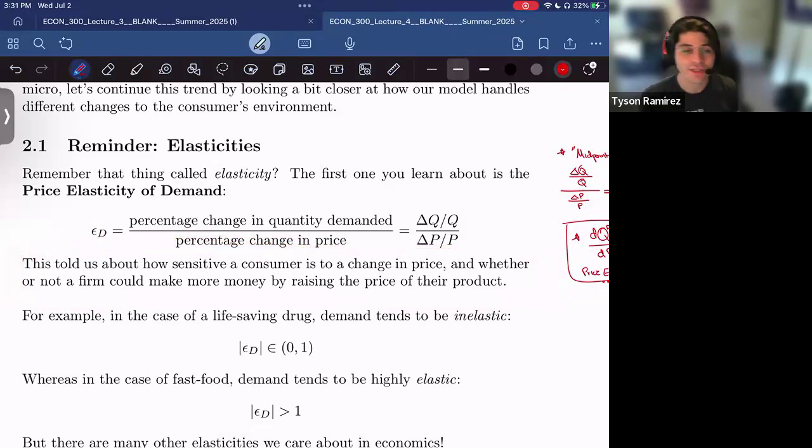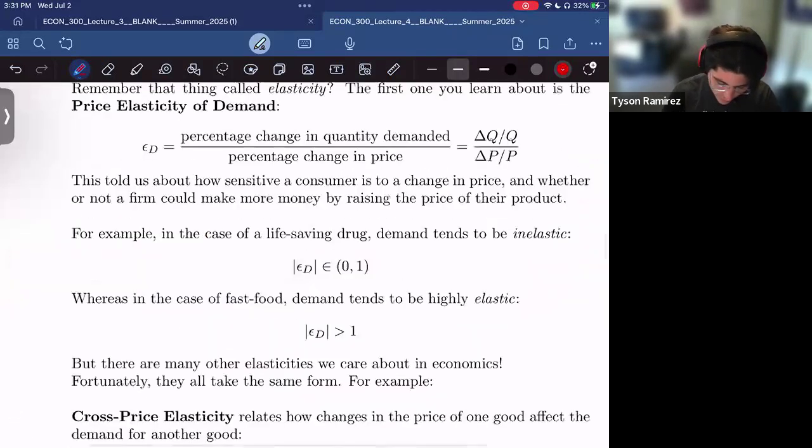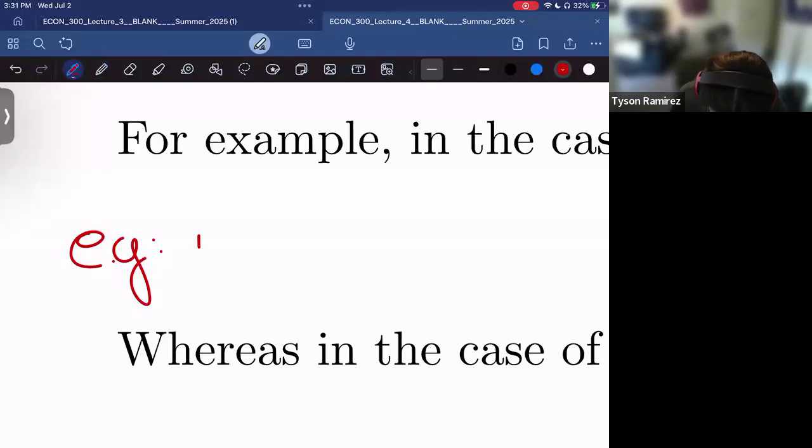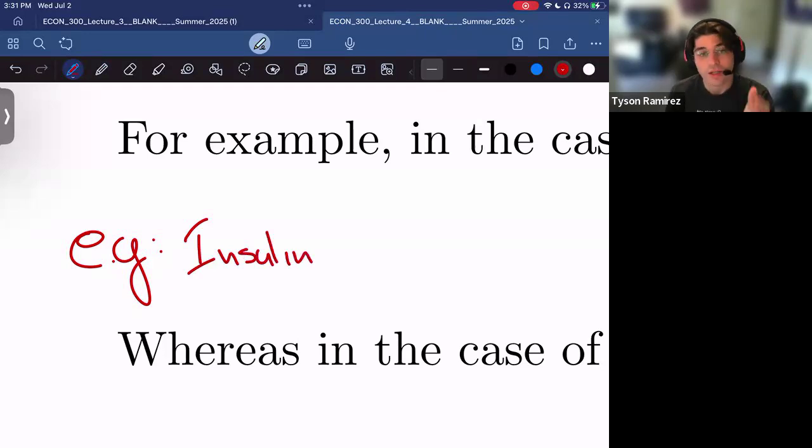The canonical example of an inelastic good is a life-saving drug. So maybe insulin. One of the terrible true things is that people with diabetes need insulin to live. They need insulin to keep their sugar in check. So they must always buy insulin.